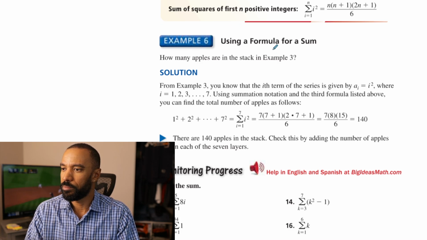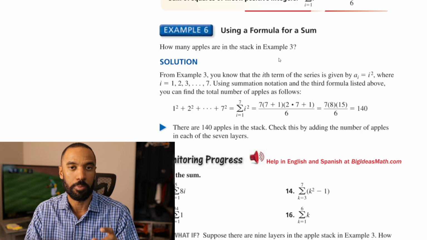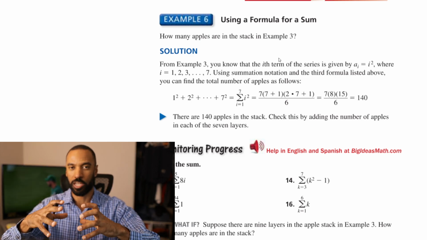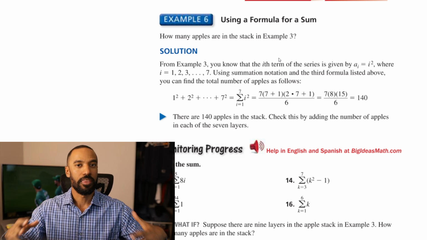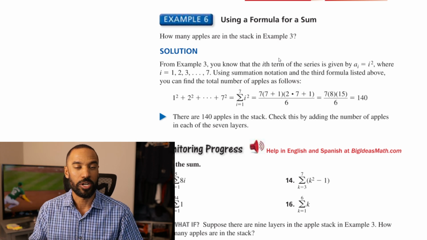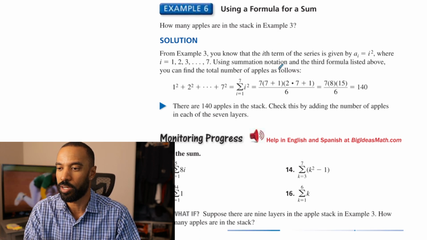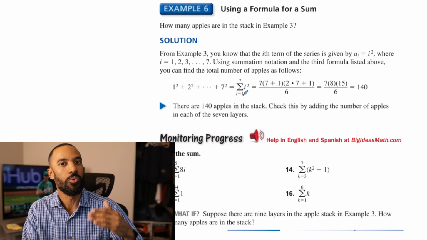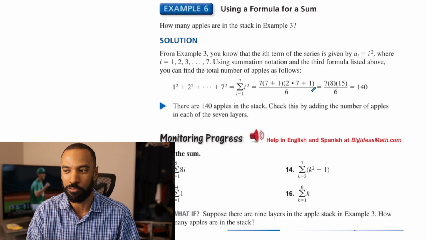Okay. How many apples are in the stack in example 3? Now, if you remember, example 3 was the one where you had quadratic numbers based on the row. The top row had 1, the second row had 4, the third row had 9. I think they had 7 rows, so they were the quadratic set, 1, 4, 9, etc., up to 49. So it was 7 rows. You're doing it up to there without actually doing 1 plus 4 plus 9. Let's substitute it in the formula.